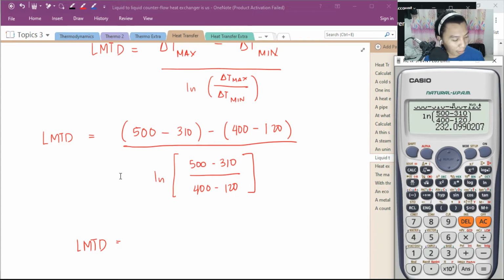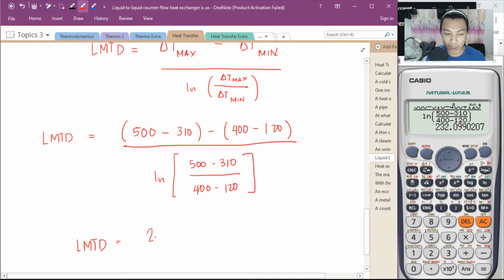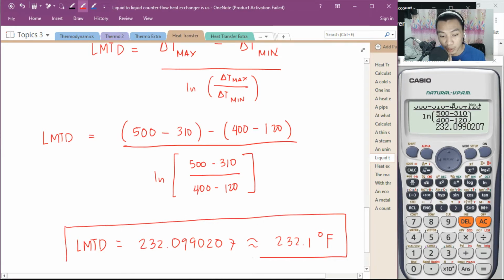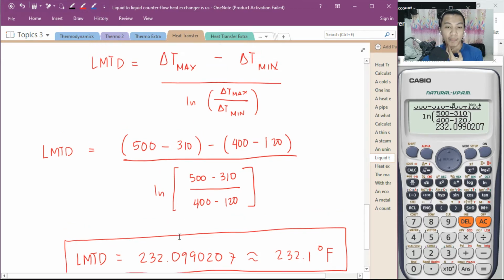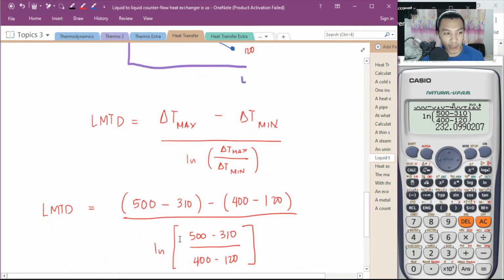LMTD will be 232 point, ayusin natin yung sulat. 232.099, approximately equal to 232.1 degrees Fahrenheit. That is now for the LMTD. Mas mabuti yan kung i-dino-drawing mo para nati-trace out mo yung maximum temperature. Okay? Okay. So, that is for the LMTD.